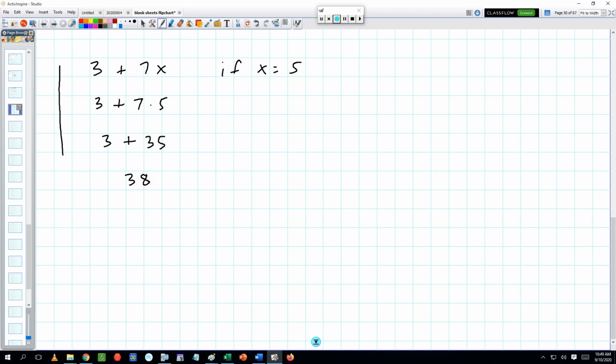Look how neat that is. I worked that down like that. 4x minus 16. And I would like for you to replace x with a 10. So we would go 4 times 10 minus 16. 4 times 10 is 40. 40 minus 16 is 24.